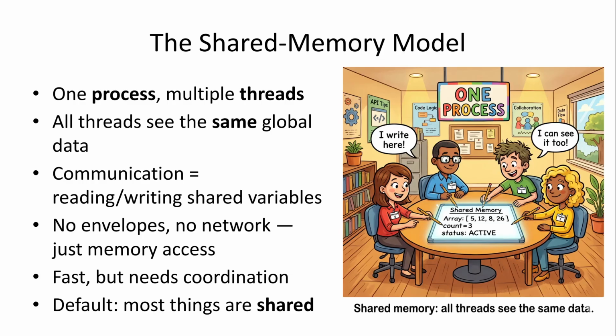And that's why it's very fast, because there is no sending and receiving of messages over some kind of physical network. It's fast, but because everybody can read and write to the same memory location, we have certain challenges that we'll discuss in the following slides as well as following lectures. We need some kind of coordination when multiple threads are reading and writing to the same memory location. That's the key challenge here.